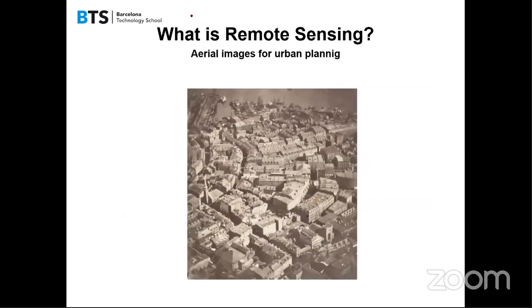Remote sensing goes back to the first aerial images, when the scientific community started realizing the benefit of taking pictures from above, either through aerostatic balloons or any other means.